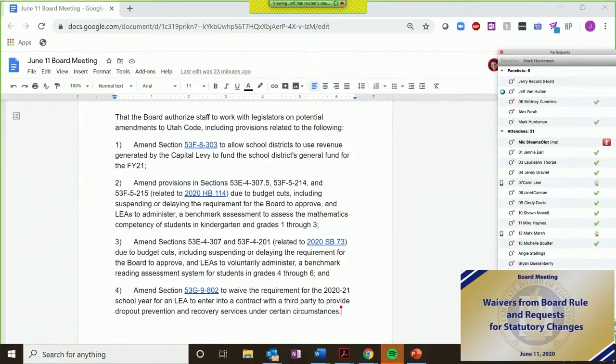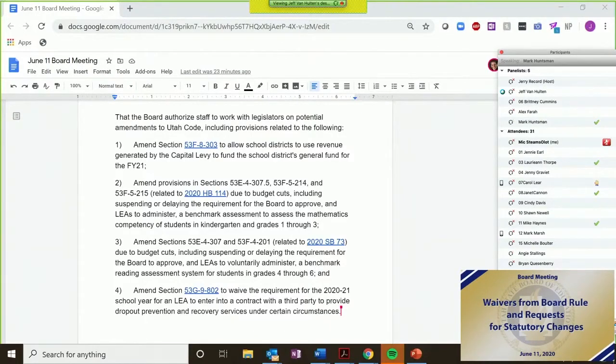There we go. The voting is complete and the motion passes unanimously with Board Member Scott Hansen not on the phone to vote and Board Member Scott Nielsen not with us. Thank you. Angie, do you have anything to conclude?